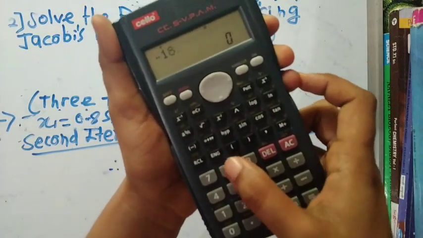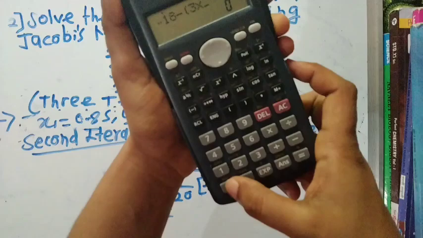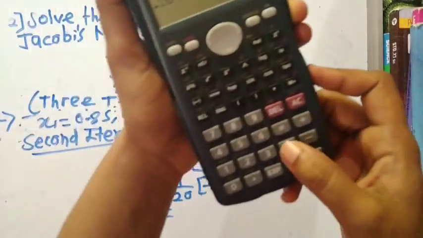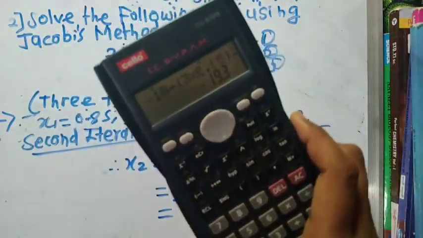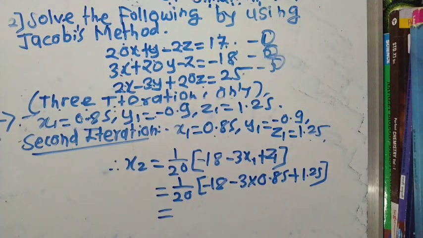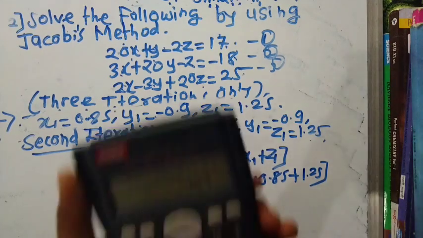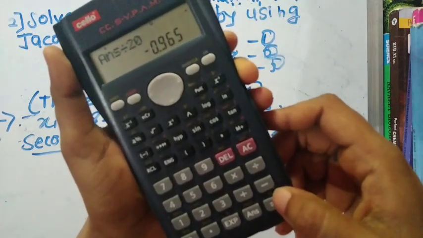Minus 18 minus 3 into 0.85 plus 1.25, which is equal to minus 19.3 divided by 20, which is equal to minus 0.965.